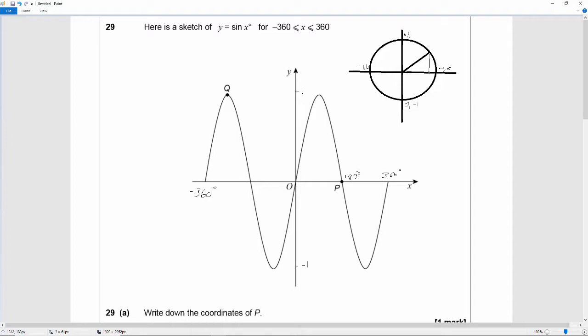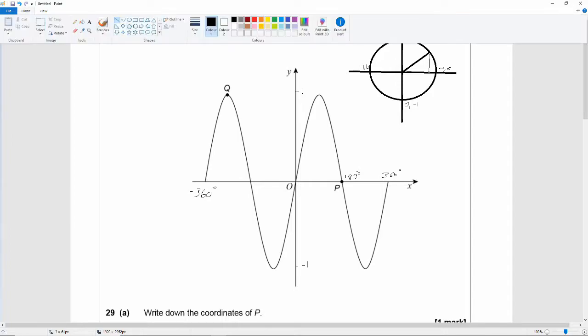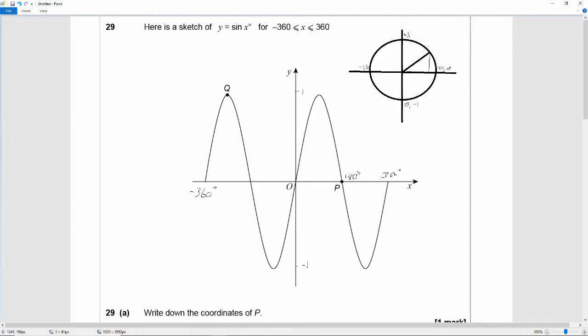So your opposite, which is this, actually let me draw the angle in so you know what I'm talking about. So here's our x. So your opposite over hypotenuse is your sine, but your radius is 1.